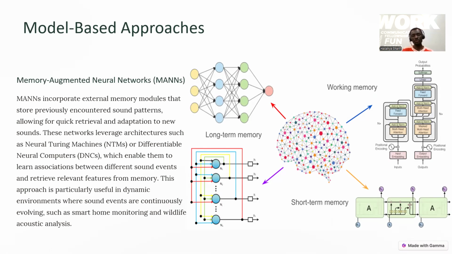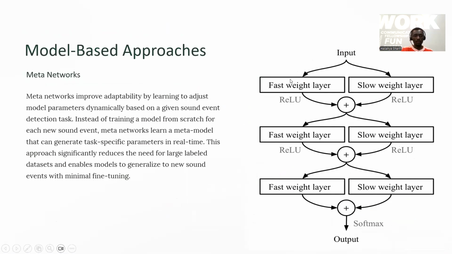Then next we have the meta networks. In meta networks, we want the model to adjust from a few data samples without explicitly training it with another data set. So instead of training a new model from scratch for each new sound event, meta networks learn a meta model that can generate task-specific parameters in real time.